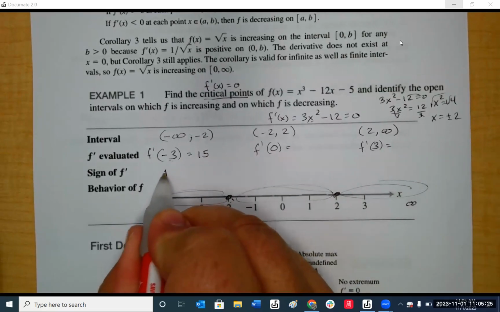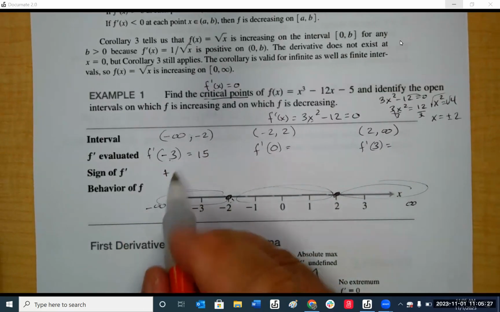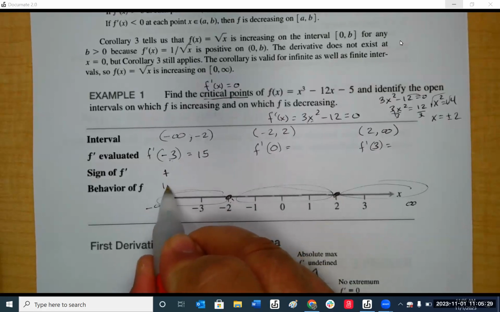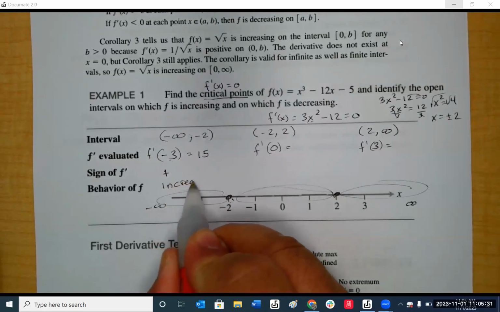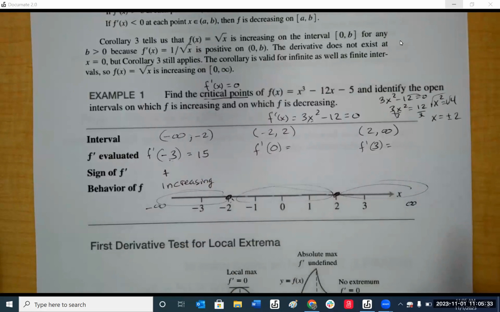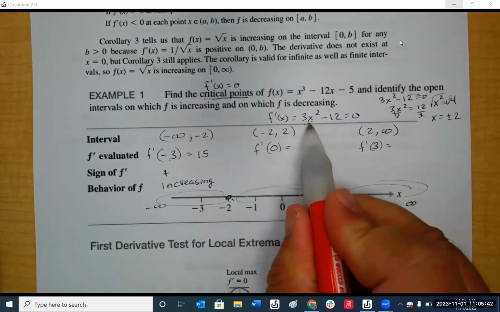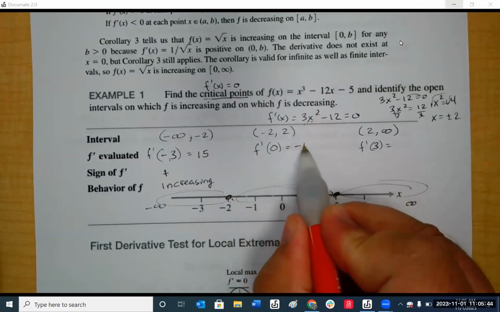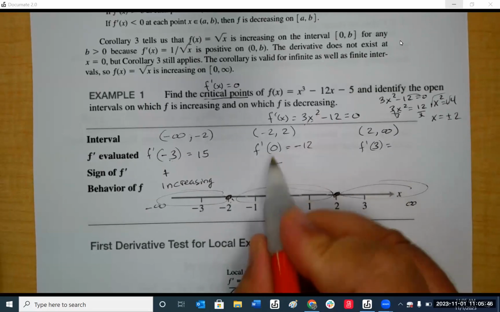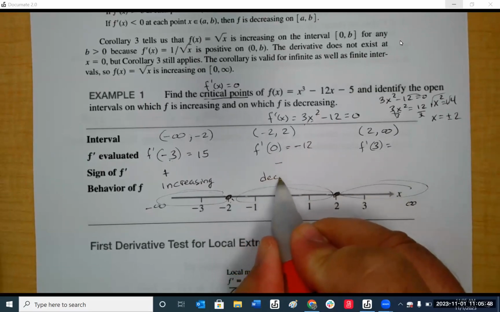It's positive. Since it's positive, it's increasing. And at 0, 3 times 0 is 0, so it's -12. So the sign is negative, which means it's decreasing on that side.